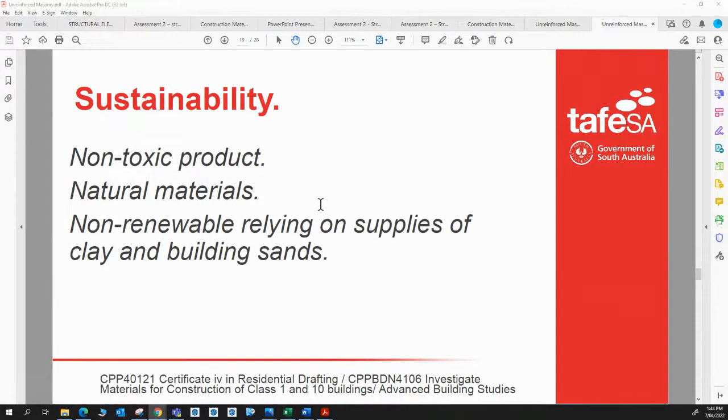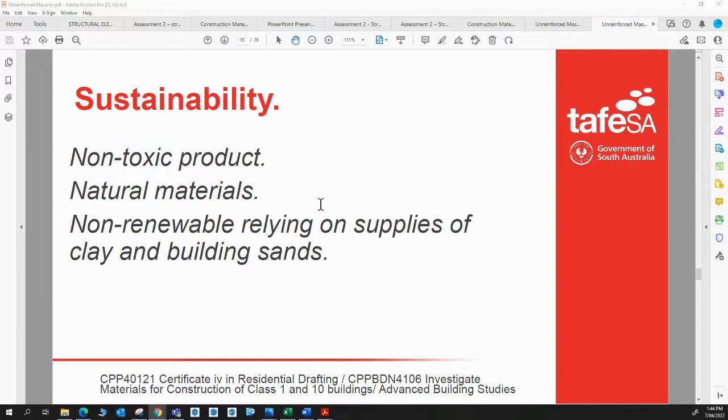But it is a non-toxic product. If we talk about bricks, they are simply clay that has been fired. There are some oxides, like copper oxides and things like that, used, which you probably don't want to go putting in your mouth.